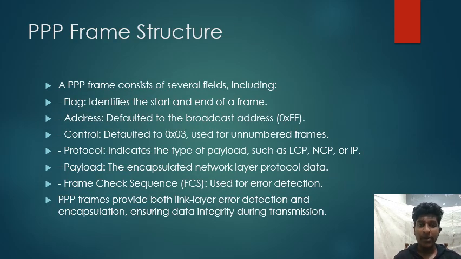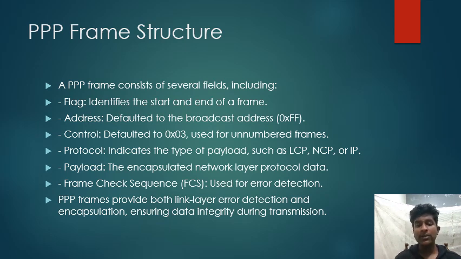PPP frame structure. A frame consists of several fields including a flag, which identifies the start and end of a frame; address, defaulted to the broadcast address; control, defaulted to 0x03, used for unnumbered frames.